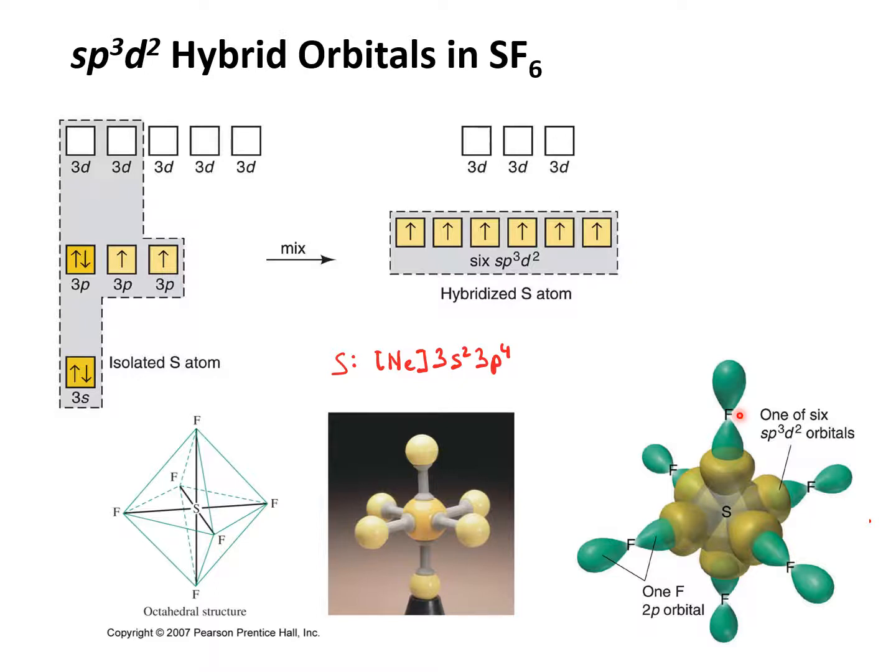So, as for the bonding in sulfur hexafluoride, we see that the sulfur-fluorine bonds are formed by combining the 2p atomic orbitals on fluorine with the sp3d2 hybridized orbitals on sulfur, where each fluorine atom is bound to a different sp3d2 hybridized orbital. The notation sp3d2 simply states that the 6 hybridized orbitals are formed from 1 s orbital, 3 p orbitals, and 2 d orbitals.